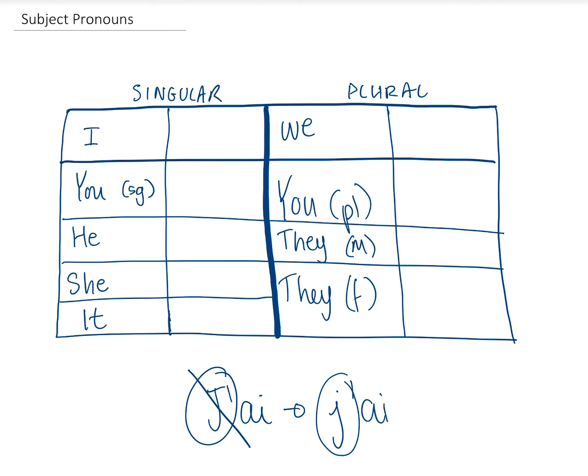So in French, the subject pronouns are je, tu, il, elle, on, and this can mean it or one. So it can be used for singular or plural, but generally it's interchangeable.